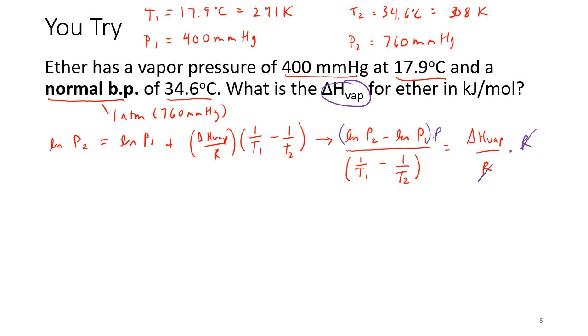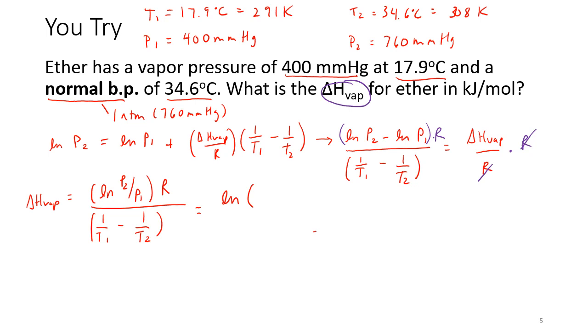The last thing we'll have to do is multiply both sides of the equation by R. That'll cancel it from the denominator here. So that means our heat of vaporization is equal to, and we can rewrite ln of P2 minus ln of P1 as the ln of P2 divided by P1 to simplify it a little bit more, times R divided by 1 over T1 minus 1 over T2. Now we'll go ahead and plug in everything.